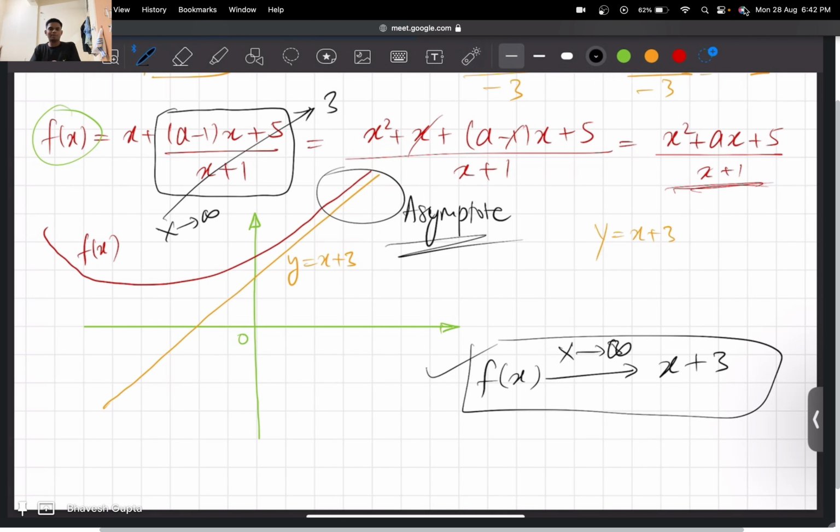If my second part tends to 3 when x goes to infinity, then this will be true. That's what this question is trying to tell you: calculate the value of a such that my function behaves as y equal to x plus 3. Behaves in the sense, in the asymptotic sense. Not everywhere, but in the asymptotic limit.